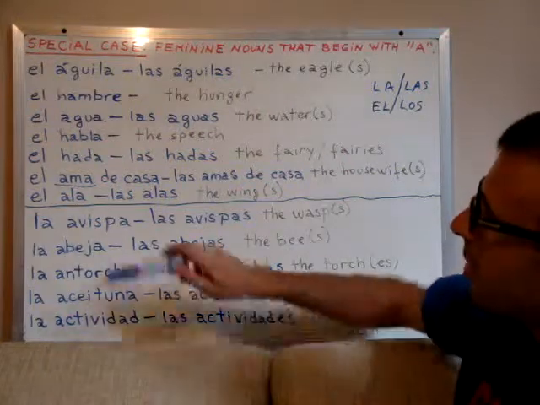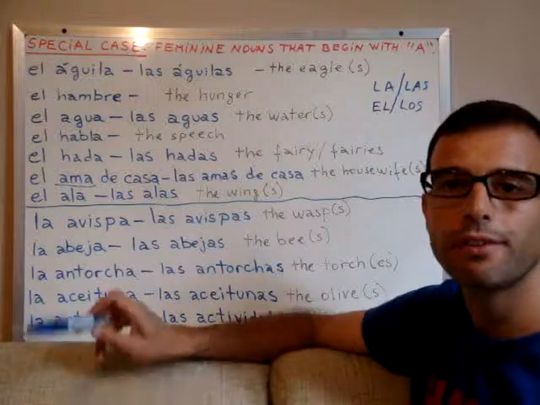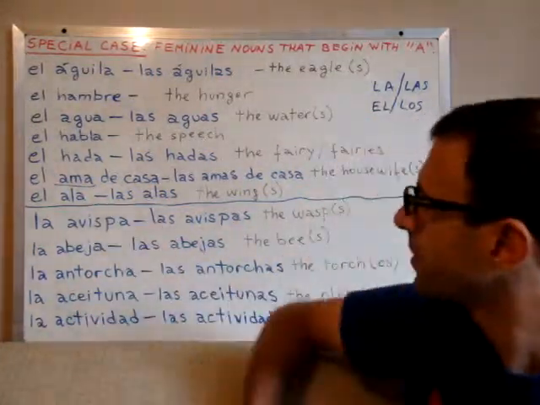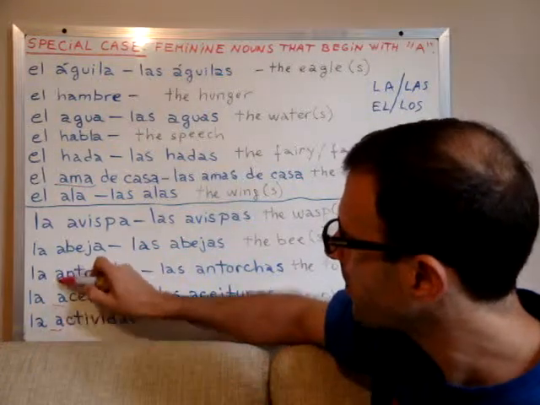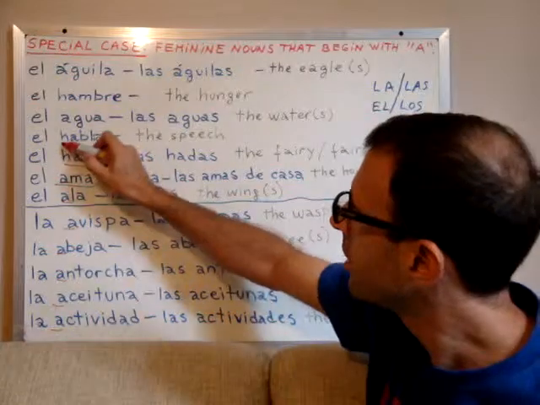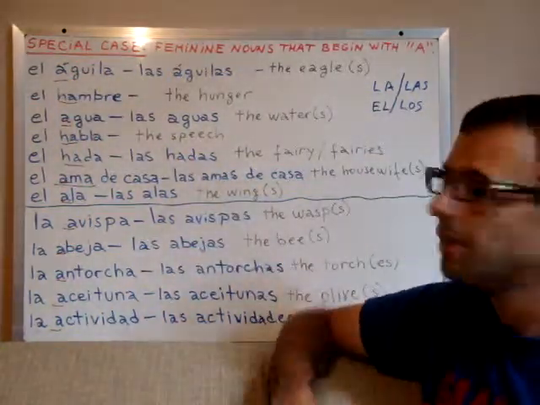So, what do all these words have in common? They are all feminine nouns and they all begin with an A, or HA.